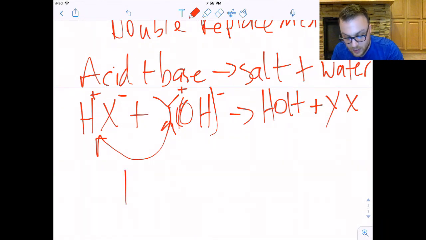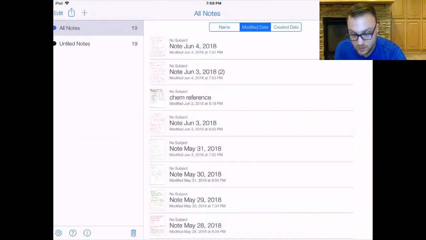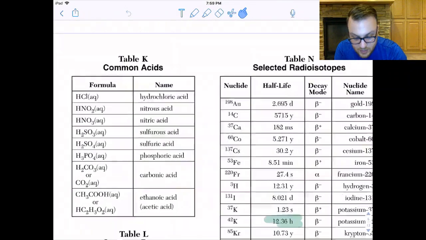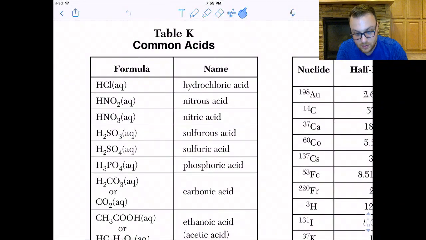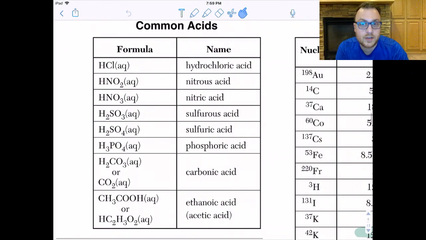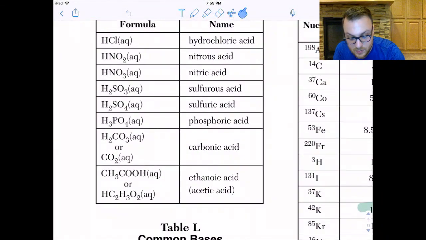You will find a whole list of acids on table K. So a lot of times, if a question just says, is this an acid? There is a good chance it is on the reference table, table K, which says common acids. So if you need to identify an acid, there's a good chance it's on here. I've seen some years, I've seen ones pop up that are not on here, like HBr.